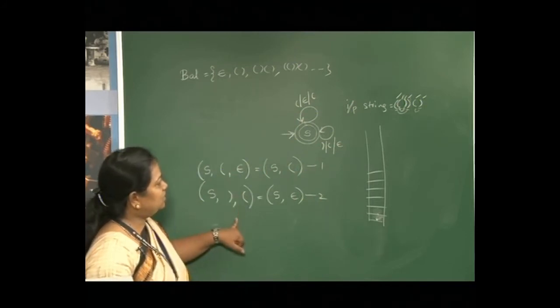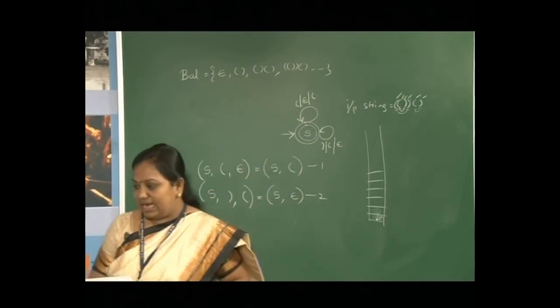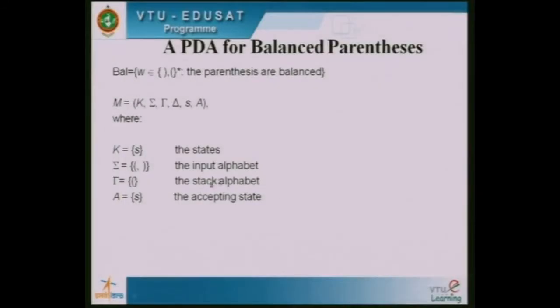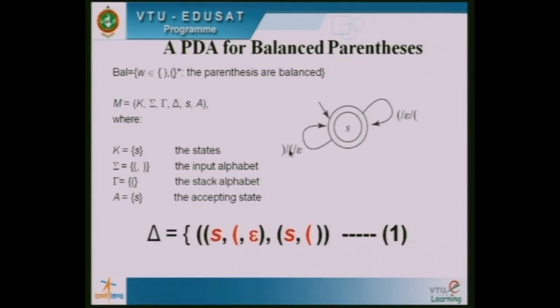So these are the two rules, and this is the definition consisting of two terminal symbols. In the stack we are pushing only the opening parenthesis, so the stack symbol is only the opening parenthesis, and the final state is S. So this is the transition diagram, and these are the two delta transitions obtained from this grammar.